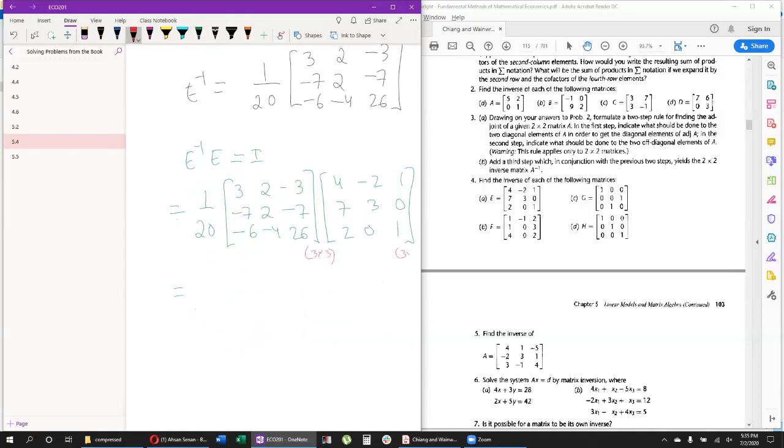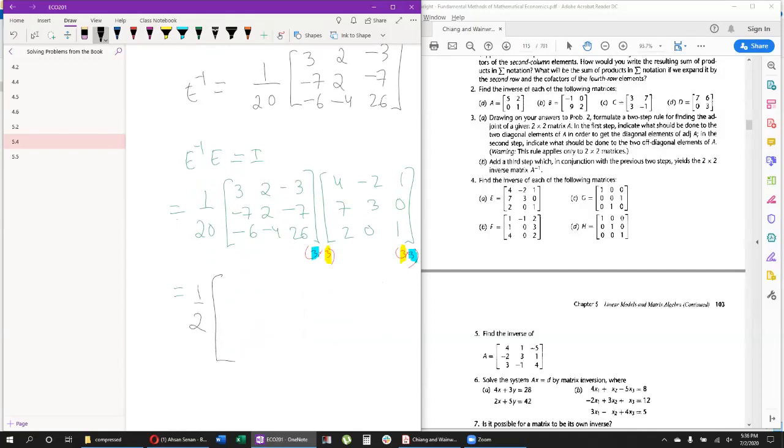Let's multiply. If you want to, you can always do this. This is a 3 by 3. This is 3 by 3. So this and this are the same, so they conform. And if you want to find the dimension of the resulting matrix, that's given by this. It's up to you if you want to do it. So let's see what we have.